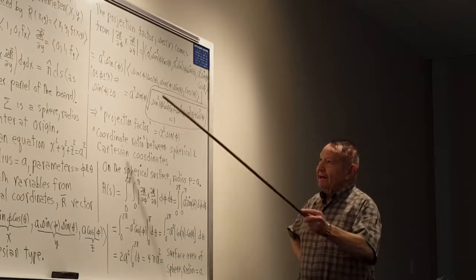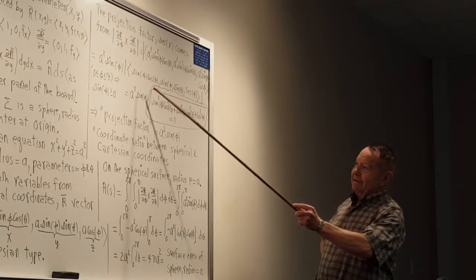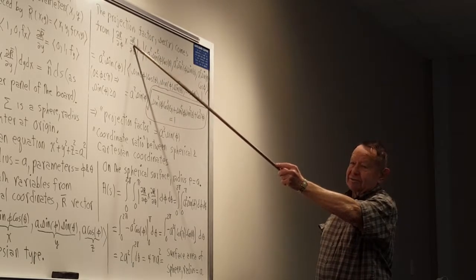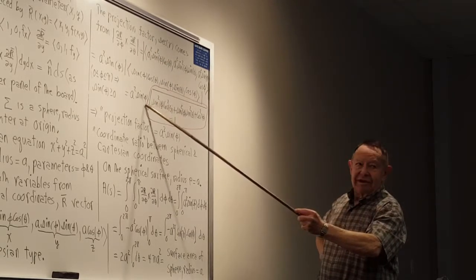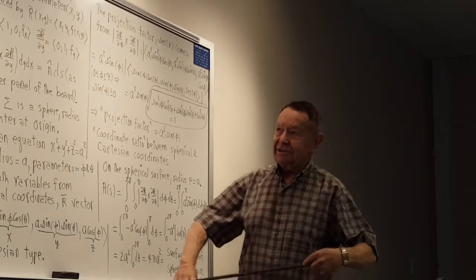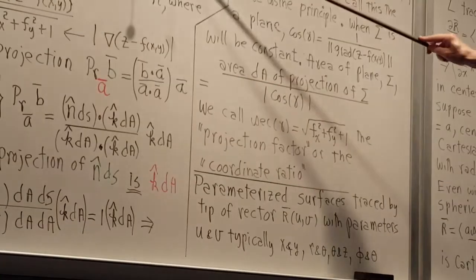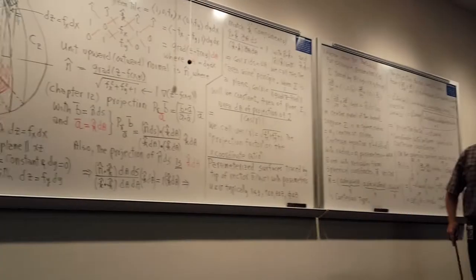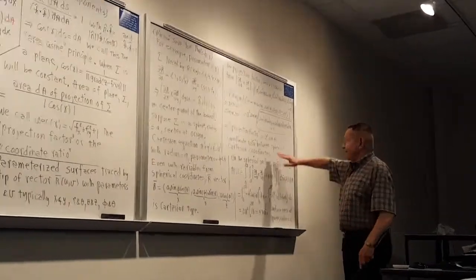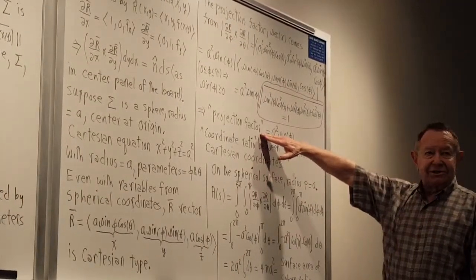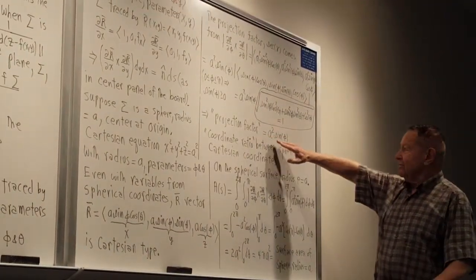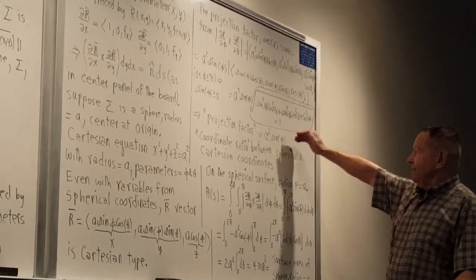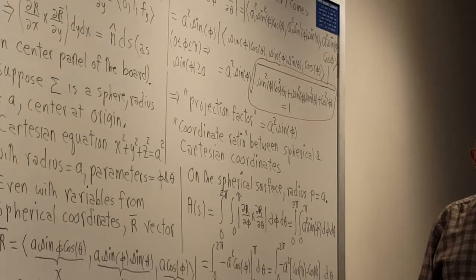So what you get is the a square sine phi, if you've done this cross product, and then d phi d theta. You're doing that just the same way that I did this over here. And so notice that what I get for my projection factor or coordinate ratio will be the a square sine phi, and then you'd have d phi d theta.